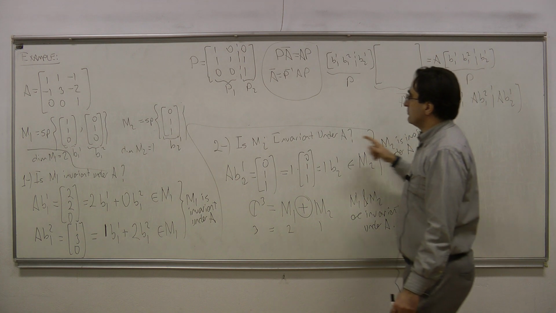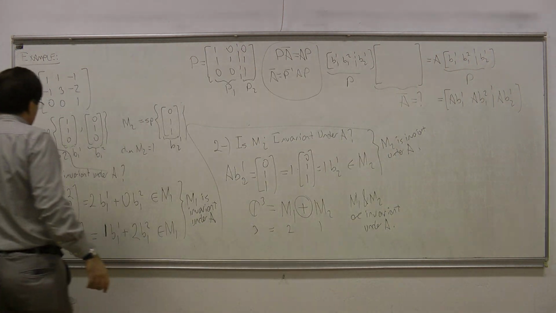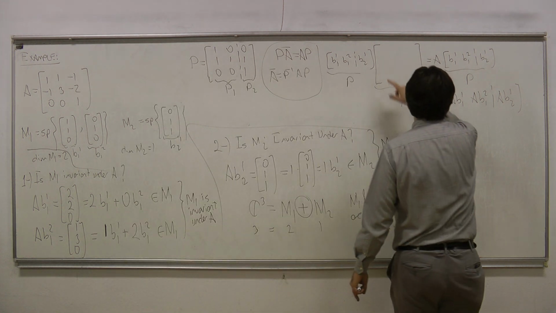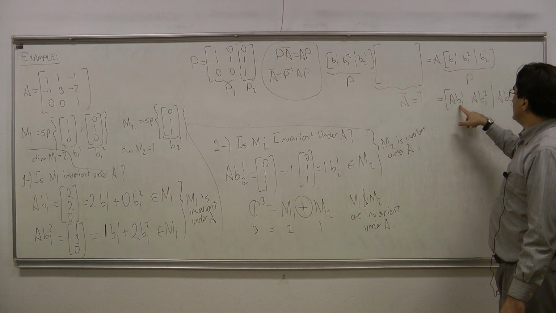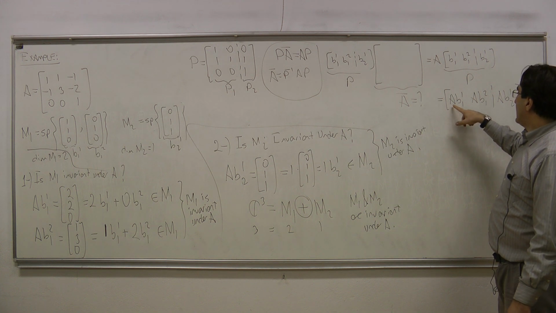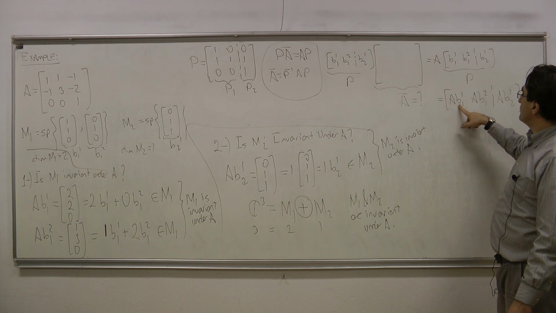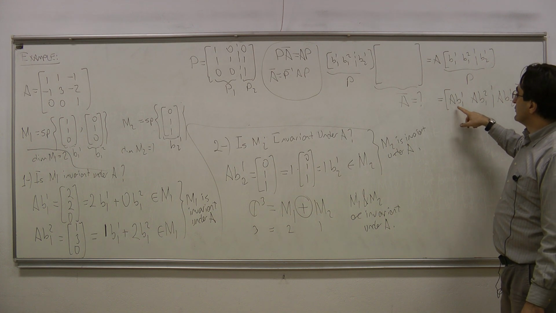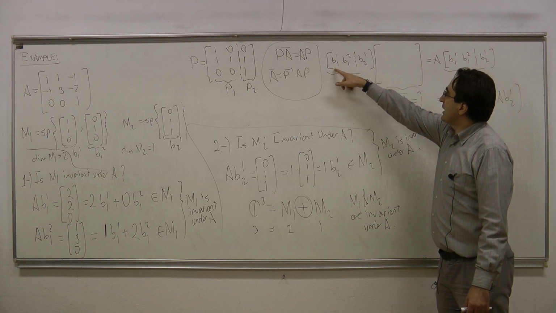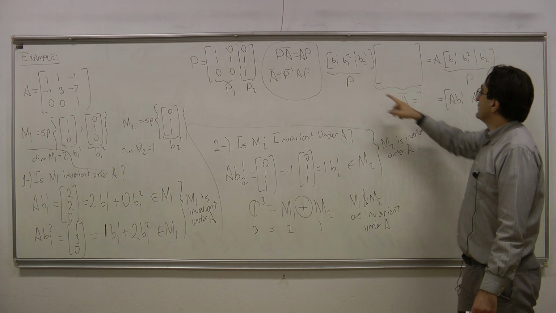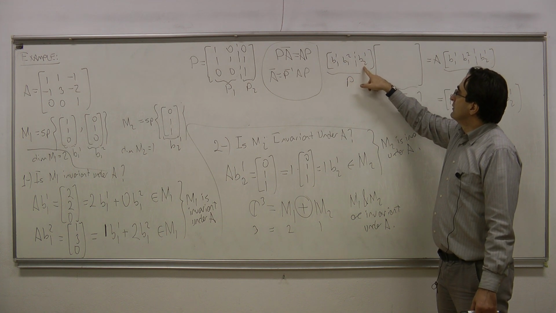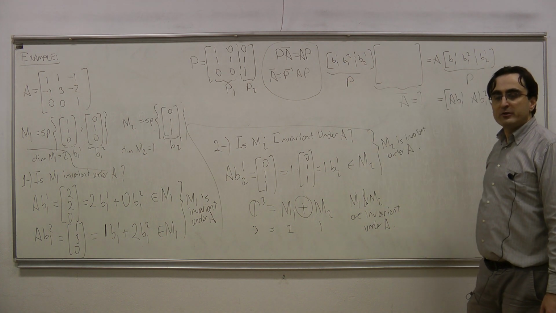A times B11 is still inside M1, because B11 is a basis vector of M1, and when I transform B11 with A, the result is still in M1. As a result, I can express it as a linear combination of the first two columns, and the third column coefficient is going to be 0.